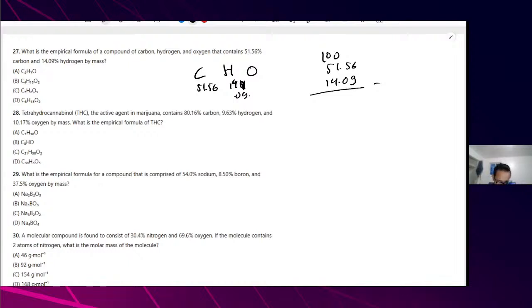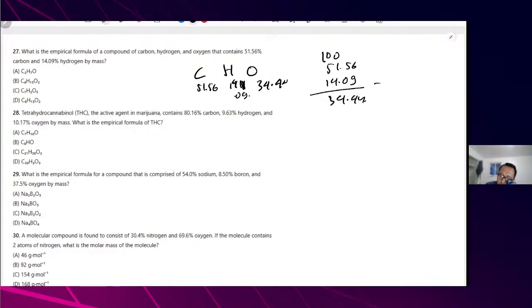100 minus 51.56 minus 14.09. So the answer is 34.44. This one is for oxygen.